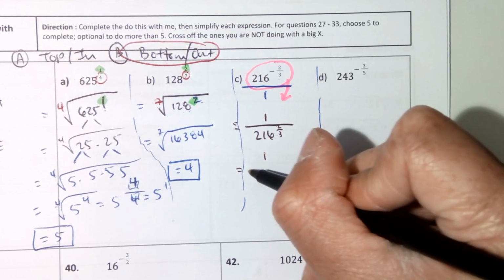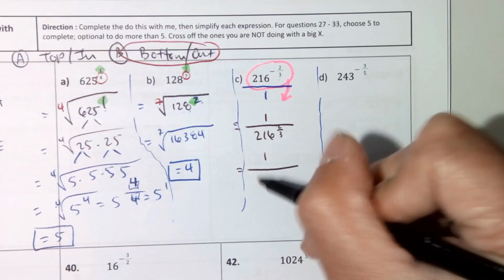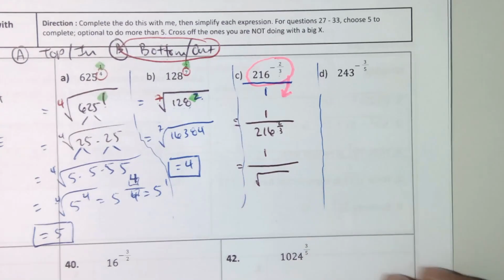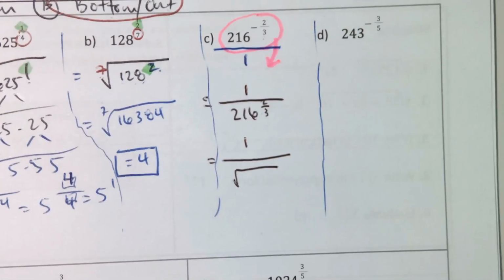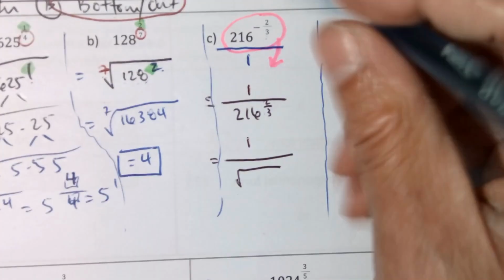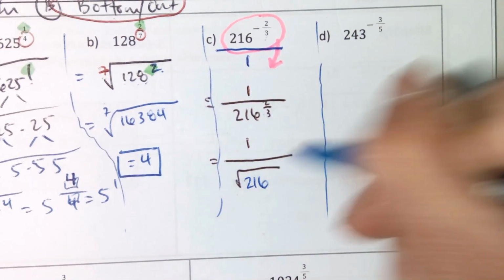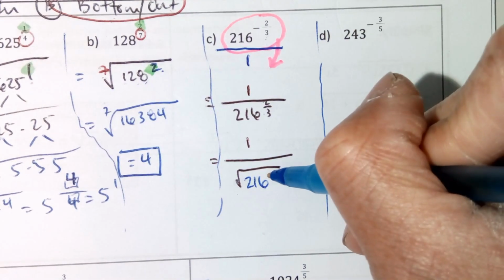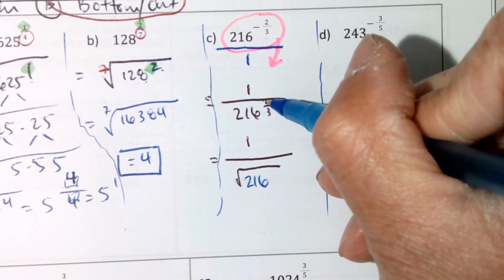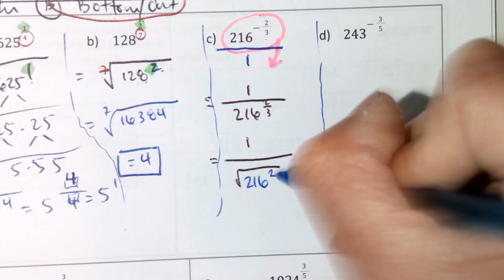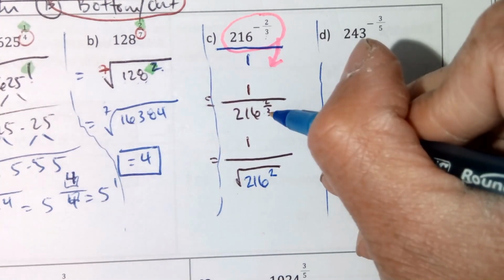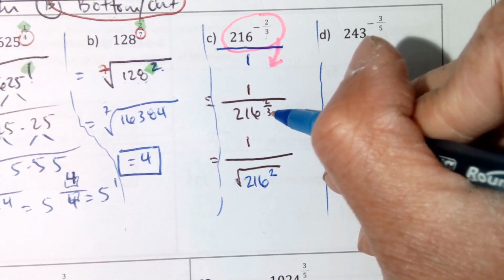Alright, now we're just going to do 1 over, then we're going to rewrite it in radical form. Let's go ahead and do that. So 216, the base, becomes the radicand, top goes in, bottom goes on the outside here.